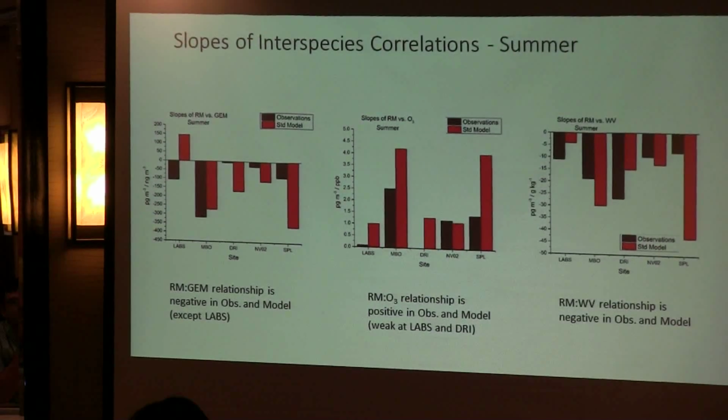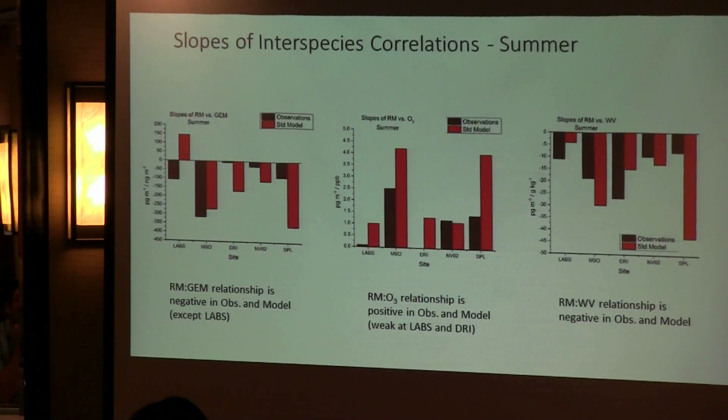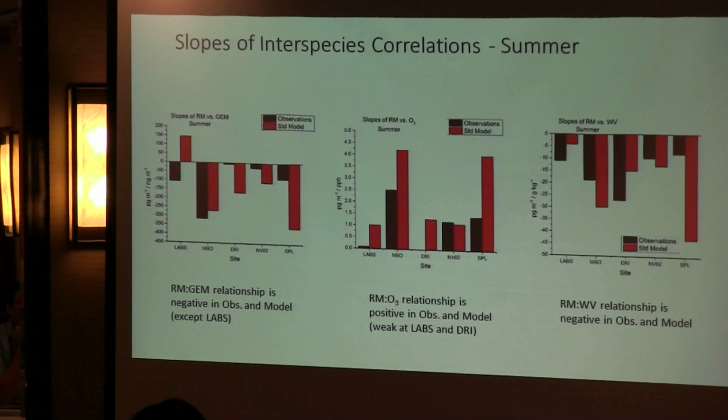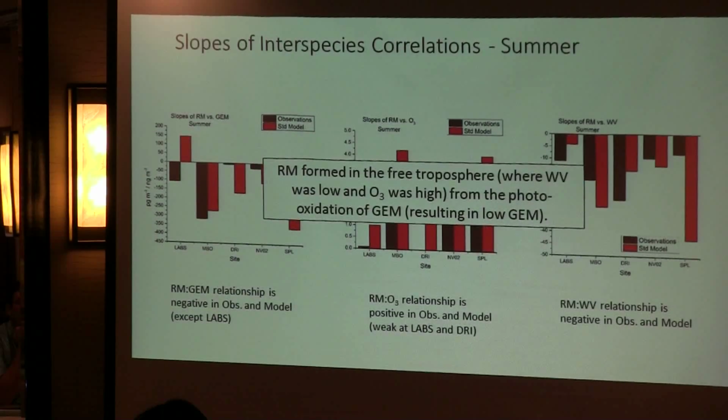And the relationship between reactive mercury and water vapor is generally negative across all sites. So we see a nice comparison there between the observations and the model. From this, we can conclude that reactive mercury is formed in the free troposphere where water vapor was low and ozone was high, from the photo-oxidation of elemental mercury, resulting in low GEM. And this is not going to make the headlines anywhere.